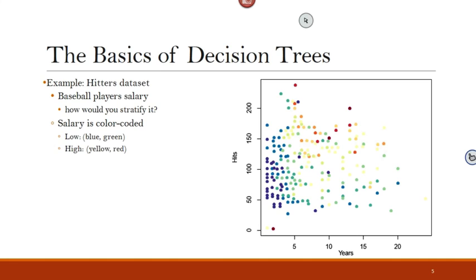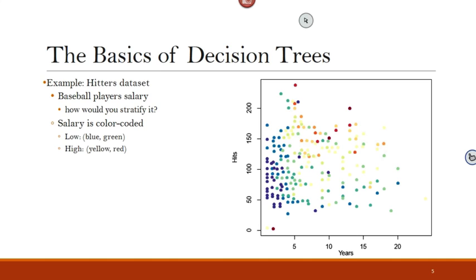And that's why we have this simple example in here. This is from a data set, the Hitters data set in the library that you have from the textbook, and it is about baseball players. So each dot in here corresponds to a baseball player. And we have the salary color coded in here. Okay, so we're looking at two variables.